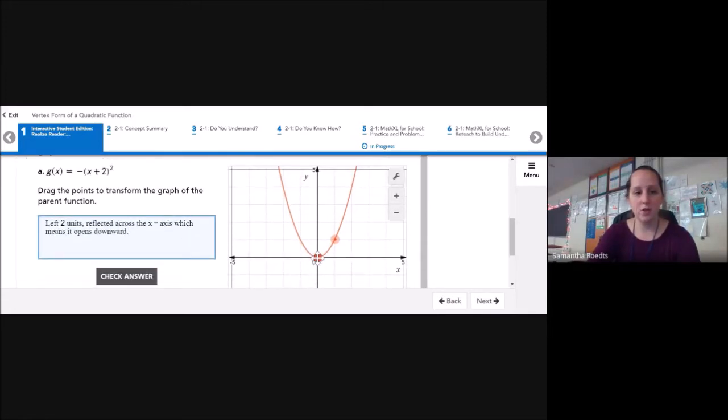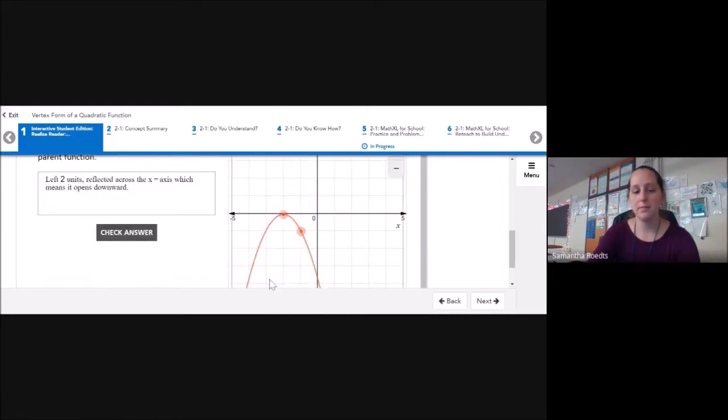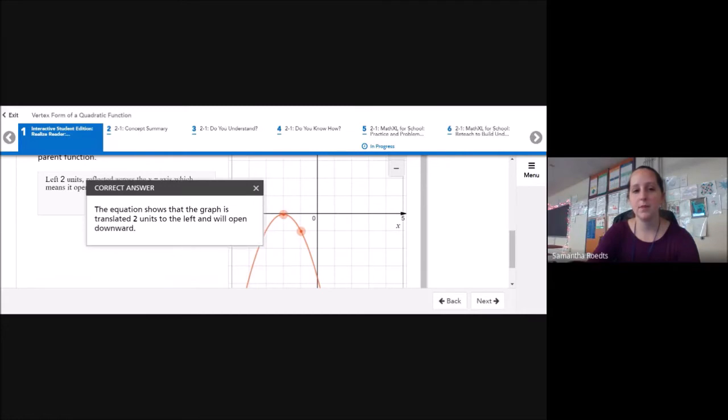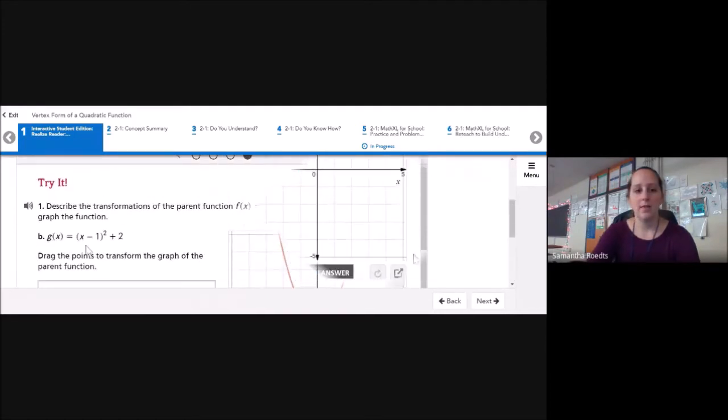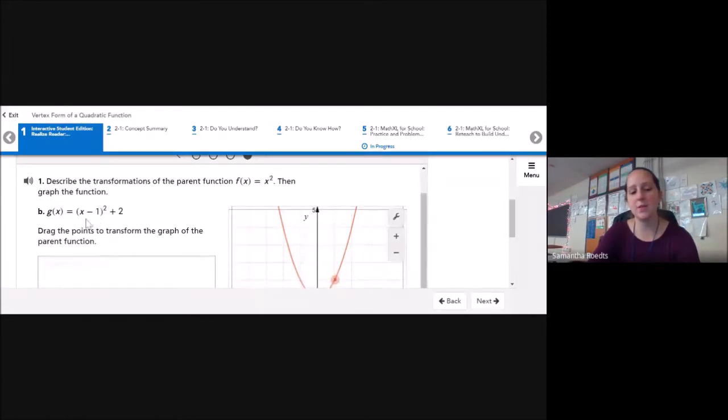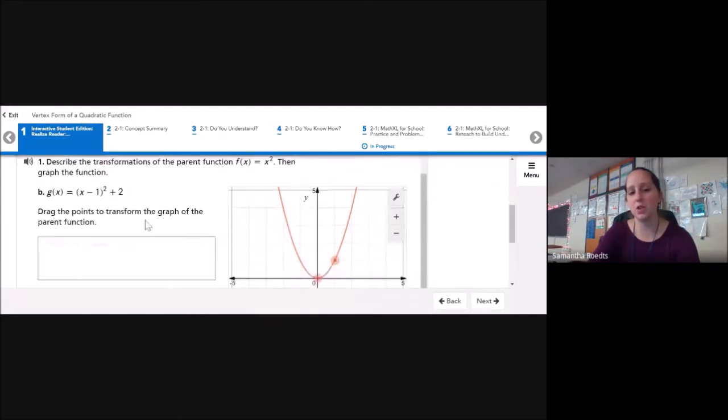So this is moving 2 units to the left, 1, 2. And I'm moving it down. So the equation shows the graph is translated 2 units to the left and will open downwards, which we did. Okay, then I have described the transformations of the parent graph f of x equals x squared, then graph the function g of x equals the quantity x minus 1 squared plus 2.